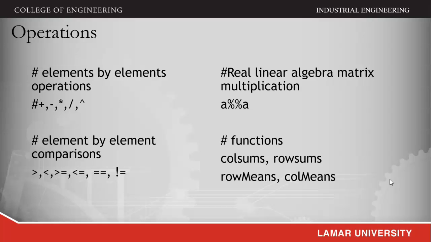We can actually do real linear algebra matrix multiplication that will prove useful in some particular settings, but we need to use the convention of the double percentage sign in order to do that. And then you have different functions in which, for instance, you can compute the column sums and the row sums of the columns. So let's work these in different examples.